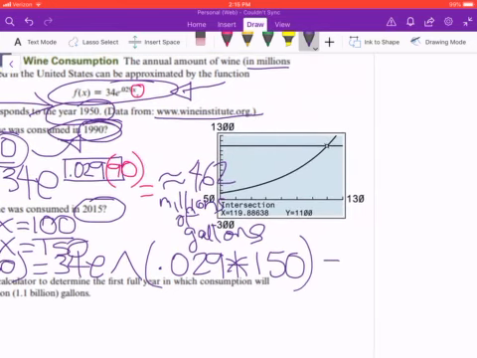If you have a TI Nspire, you might have to press Control Enter so you can get the approximation, and that would be approximately 955 million gallons.